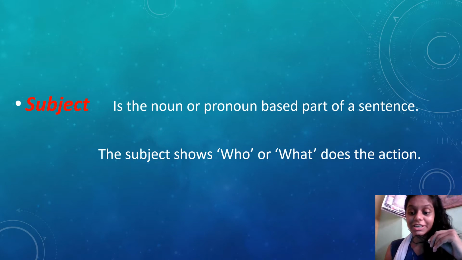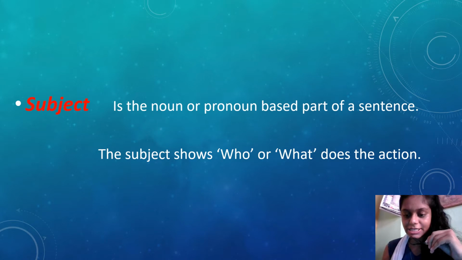Indirectly, the subject shows whom we are talking about, and what kind of action is done is shown by the subject. Understood? Subject shows who or what does the action, meaning who is performing the action. The doer is known as the subject.